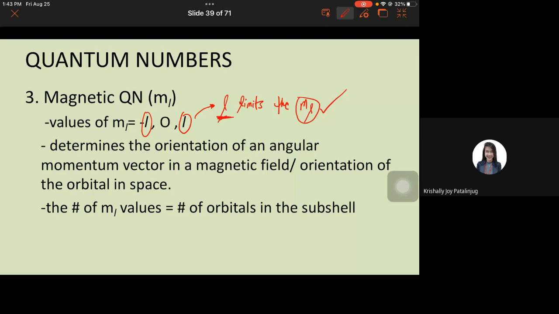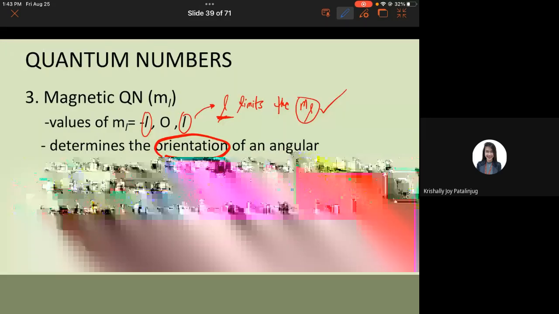So what's the importance of this magnetic quantum number? It describes the orientation of the orbitals in space around the nucleus. Example: let's go back to aluminum. We'll just continue the example that we provided earlier. Again, it has an n value of 3, and the L values are 0, 1, and 2.